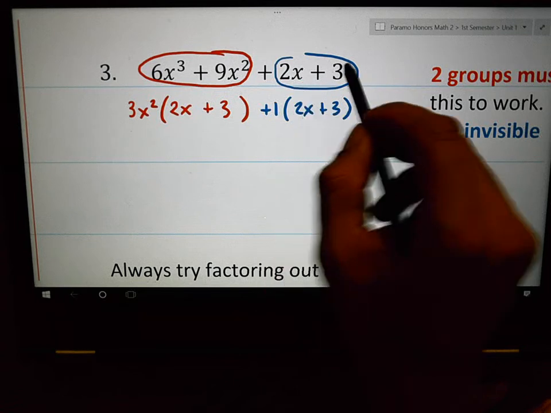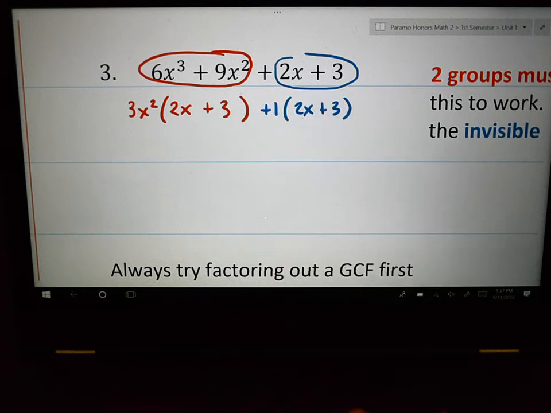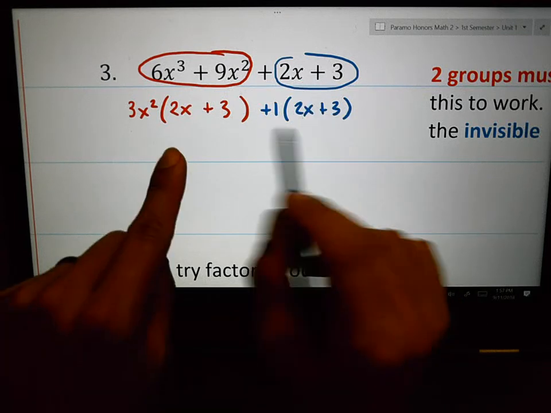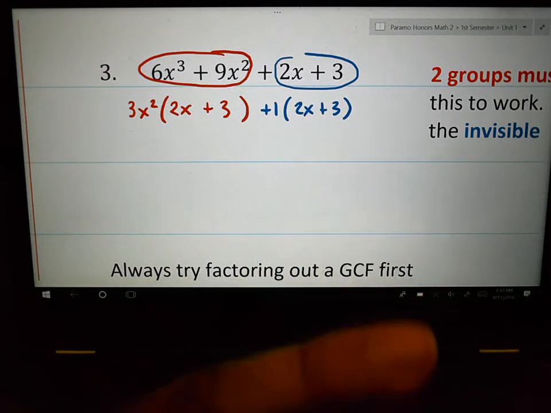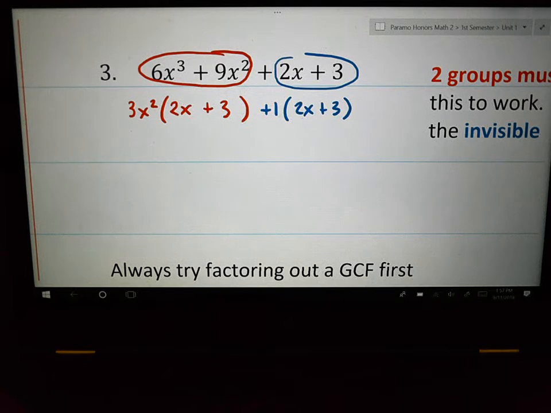Does that equal that blue thing that's up there? Do these two groups match now? If you get the two groups to match, you're doing it correctly. If at any time you cannot get the two groups to match, you are probably doing something wrong because they all factor. I'm just going to say that to you at this point.